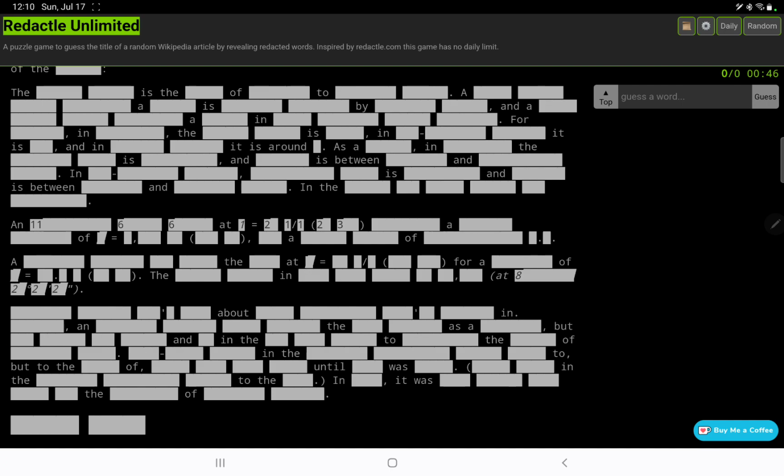So that would be latitude, right? Let's type in latitude. Fingers aren't doing what I'm telling them to. There we go, latitude. And then some two digits. I'm going to try 45.